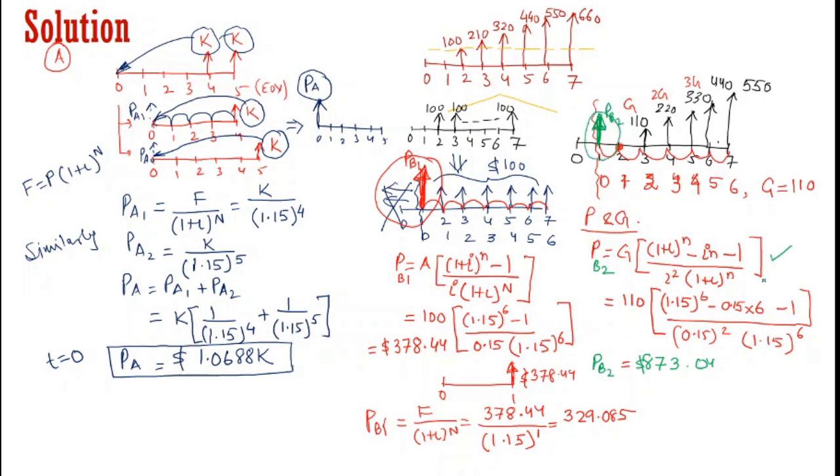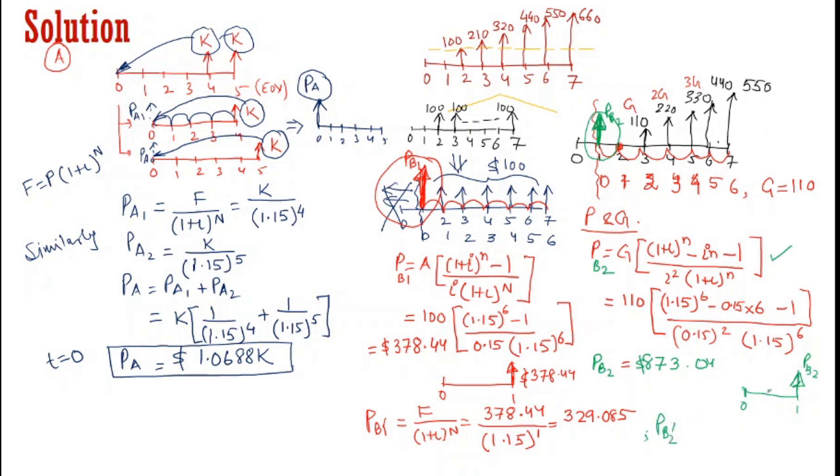Now again on similar lines, what do I have? I have 0 here, I have 1 here, and I have a transaction here which is equal to PB2, which is $873.04. Now if I am interested in finding out the value of this transaction at time t equal to 0, let me call this PB2 dash.